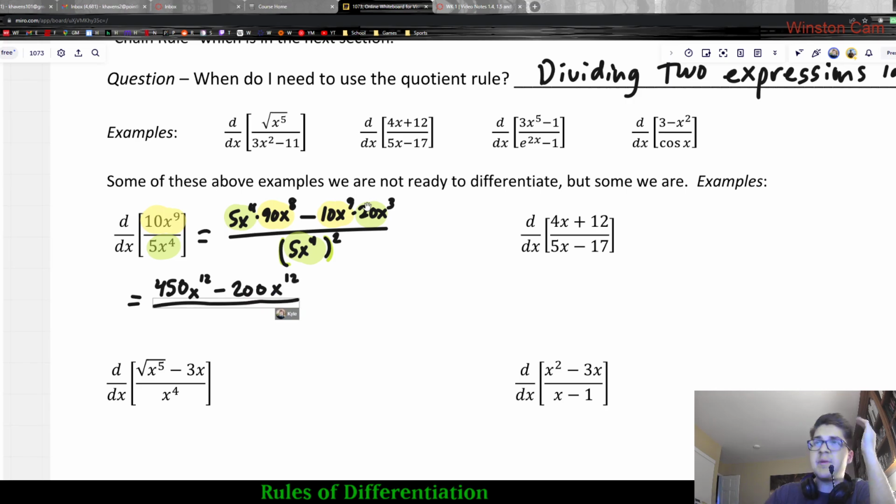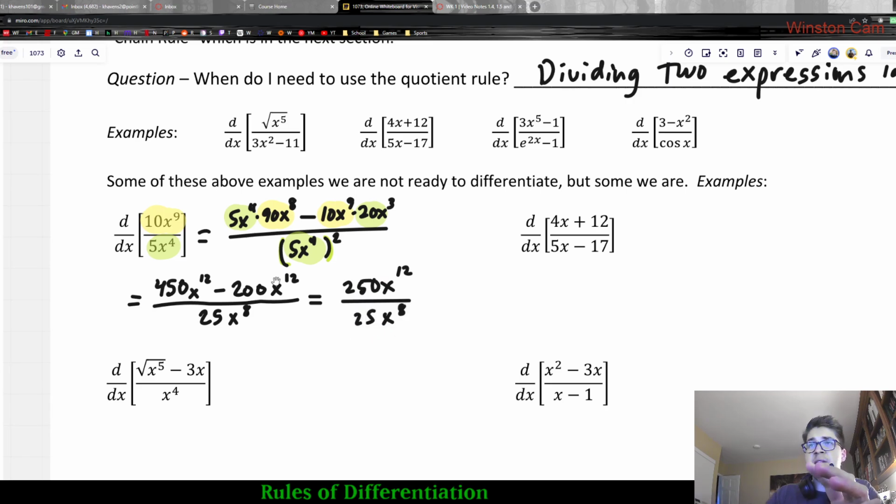And then in the denominator, if we're squaring something, remember that this needs to be fully multiplied, but 5x to the 4th times another 5x to the 4th would give us 25x to the 8th. And now in the numerator, notice we have like terms, so we could subtract across the top. 450 minus 200 will be 250.